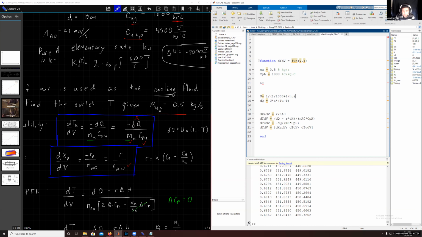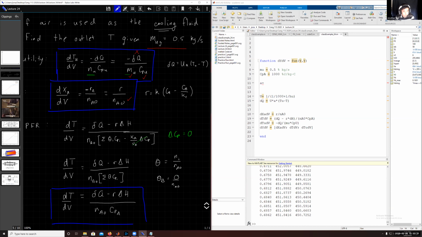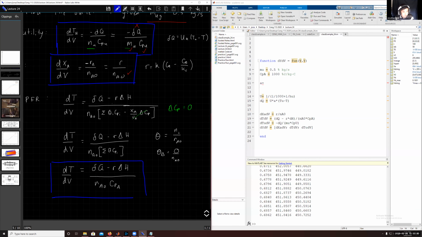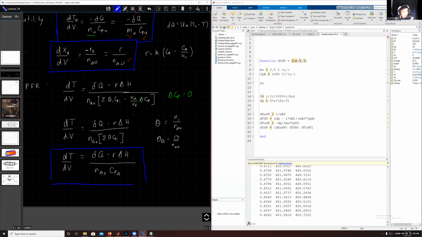Question, shouldn't Na be in the denominator of dT/dV because the Na naught will cancel? This should be the correct form of the energy balance for the PFR.